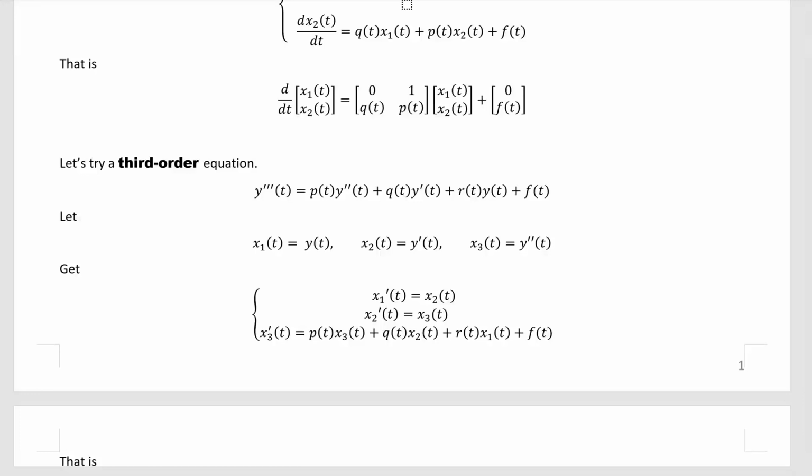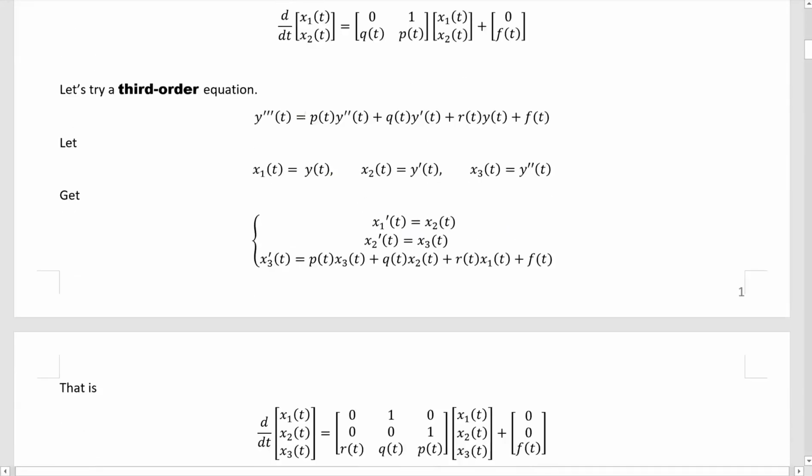Then x1 prime is y prime, which is x2. x2 prime is y double prime, which is x3. But x3 prime is y triple prime, and that is p of t times y double prime, which is x3, plus q of t times y prime, which is x2, plus r of t times y of t, which is x1, plus the forcing function f of t.